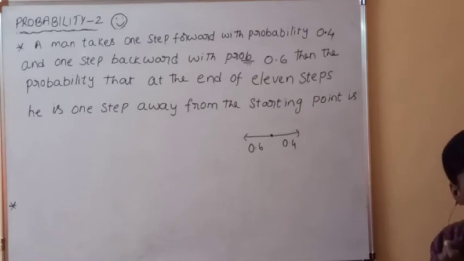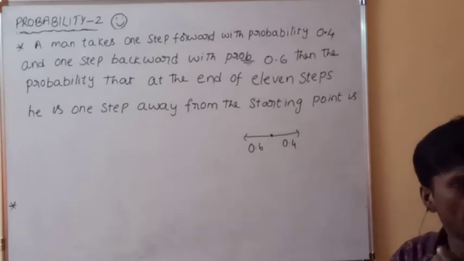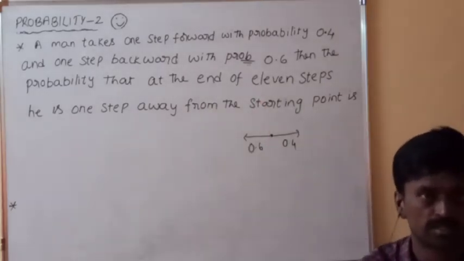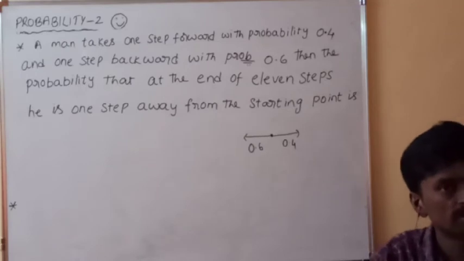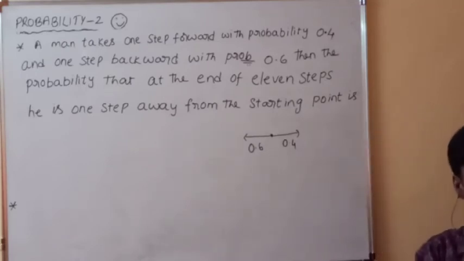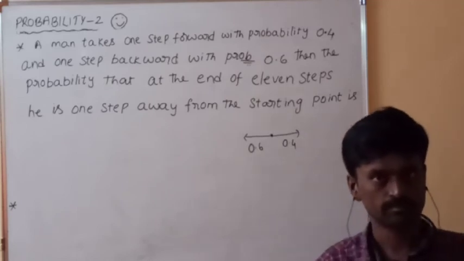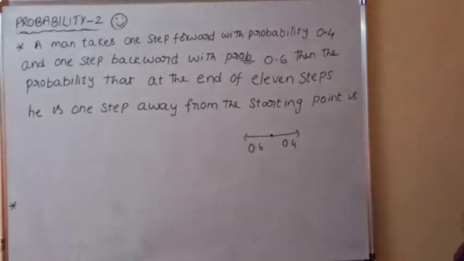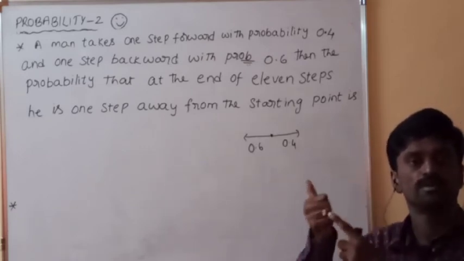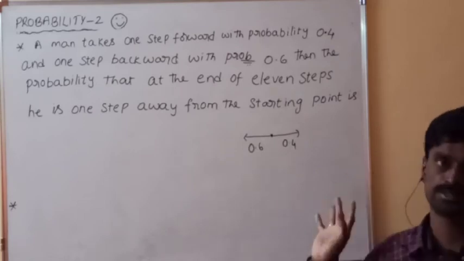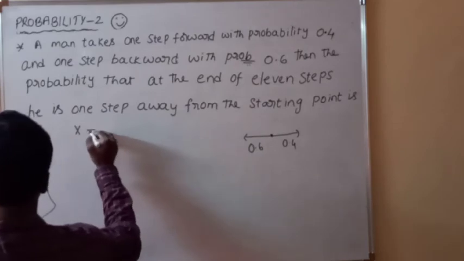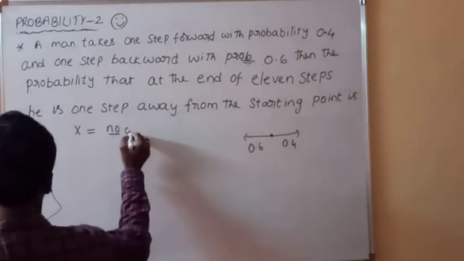How many outcomes are there in this experiment? Only two outcomes: one step forward, one step backward. And he moved 11 steps, so the number of trials is 11, and all these 11 are independent. By looking at these points, we can conclude this problem is related to the binomial distribution.